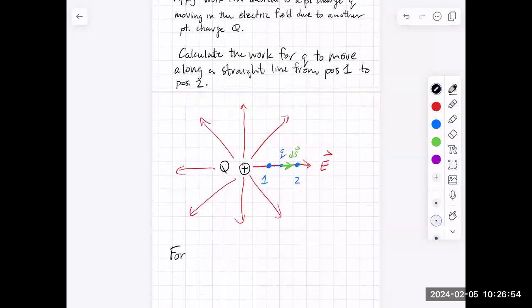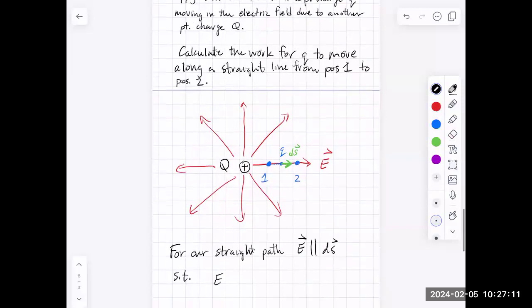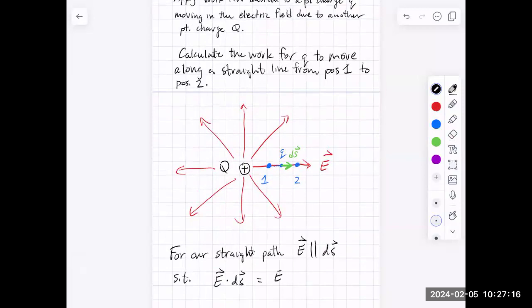So for our straight path, we have the electric field parallel to ds such that E dot ds is just equal to E times ds. Okay, we get the cosine of 0 degrees, which is a factor of 1.